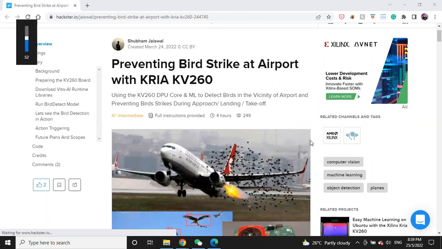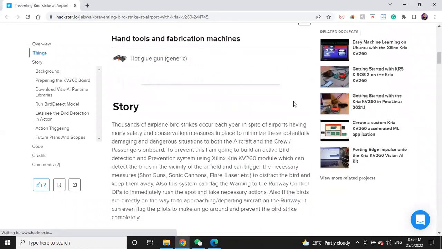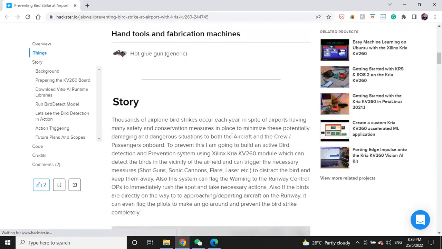The inception of this project was that there are 10,000 bird strikes which happen in a year, which totals to about 26 bird strikes in a day, which is huge compared to the accidents that happen in the aviation sector.